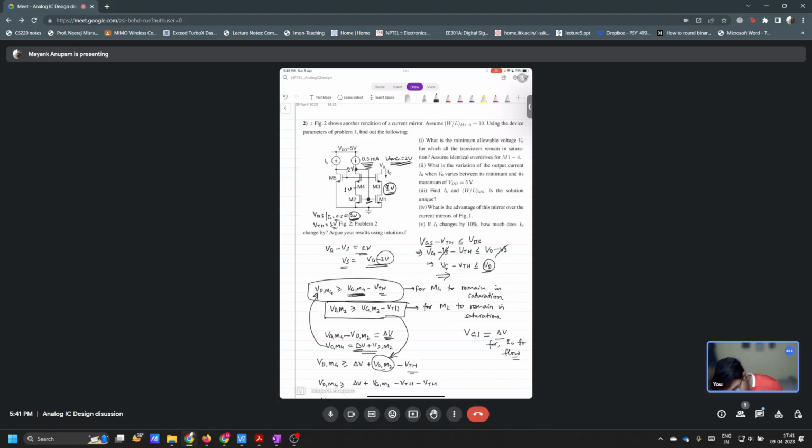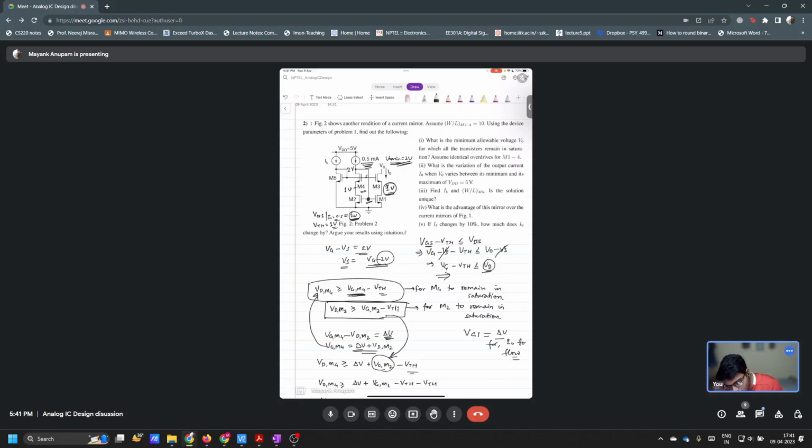Now this M4 transistor has to remain in saturation. So what is the ideal thing to do? If you can make sure that this gate goes down, is very low compared to this, then you can ensure that this transistor M4 always remains in saturation, right? And when can M4 go out of saturation?